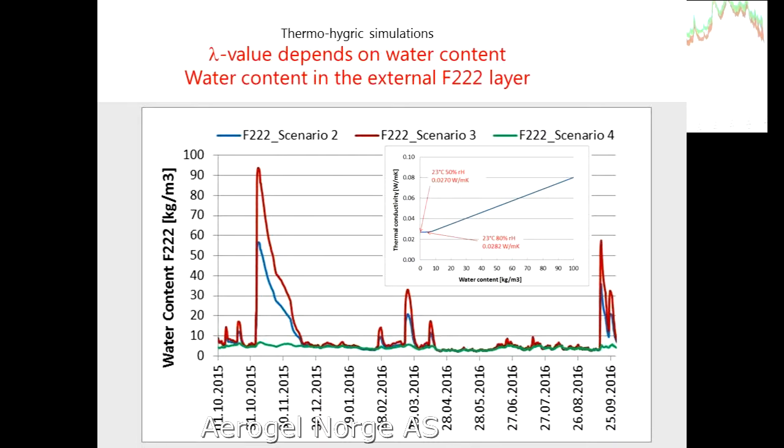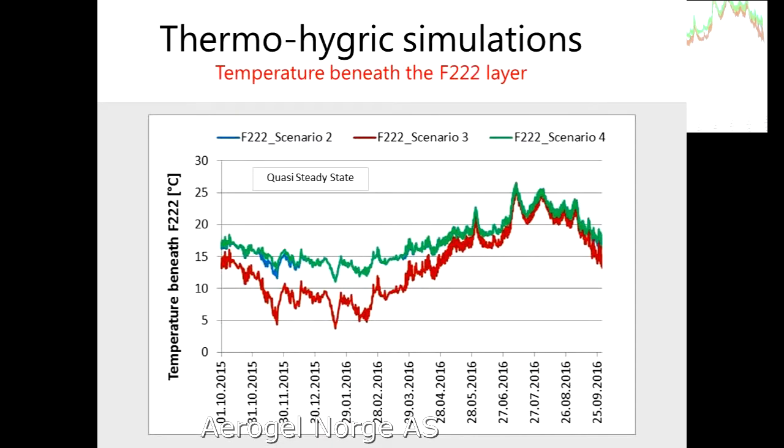Here too, we have also looked at calculated temperatures beneath the insulation layer, because it's always important to know how the temperature is beneath the insulation layer, because there it will tell you if you have moisture problems between the insulation layer and the wall itself.